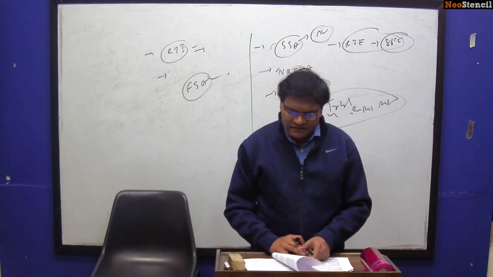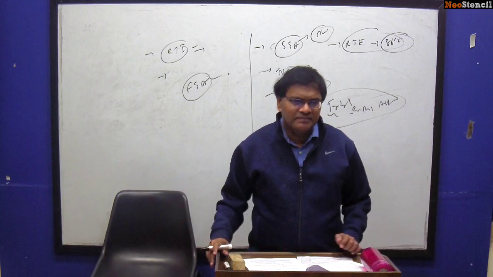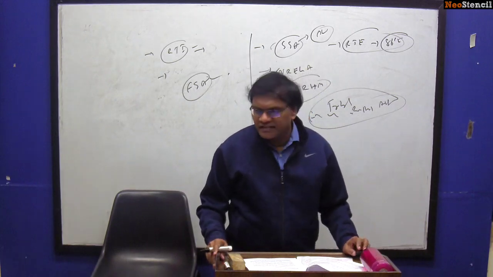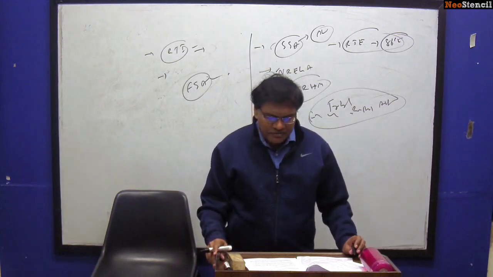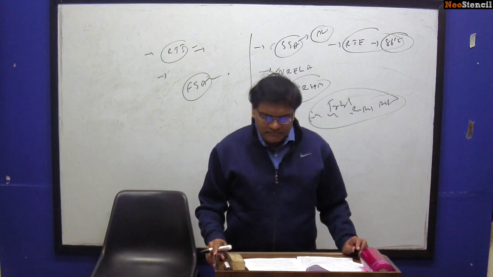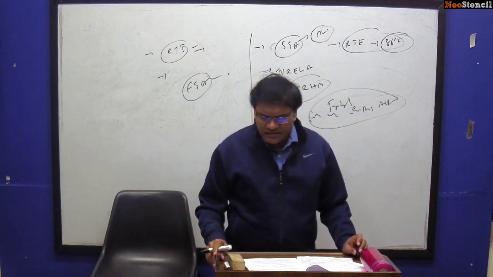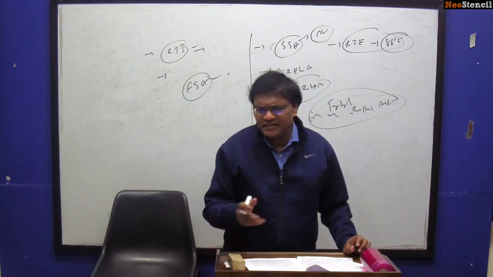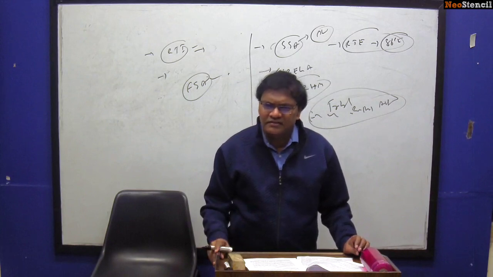In content theories of motivation, we have so many theories. We speak about Abraham Maslow's hierarchy of needs, then Herzberg's two-factor theory, McClelland's theory of needs, Alderfer's ERG theory. All these things are there in our printed material also.